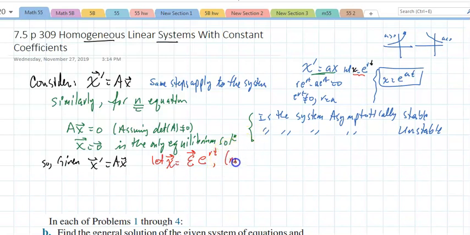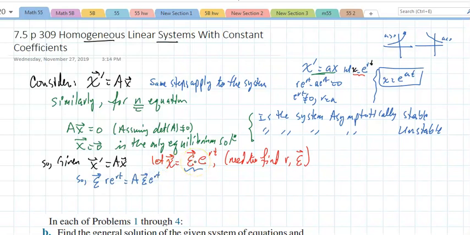Here we need to find two things: r, and the constant vector. If I take a derivative of this, that would be the vector r e to the rt equaling A times the vector e to the rt.